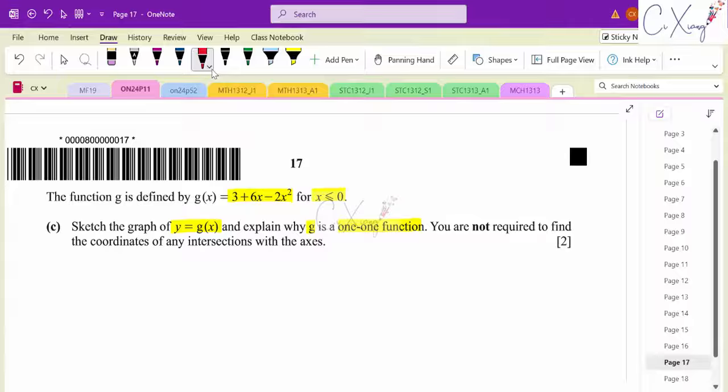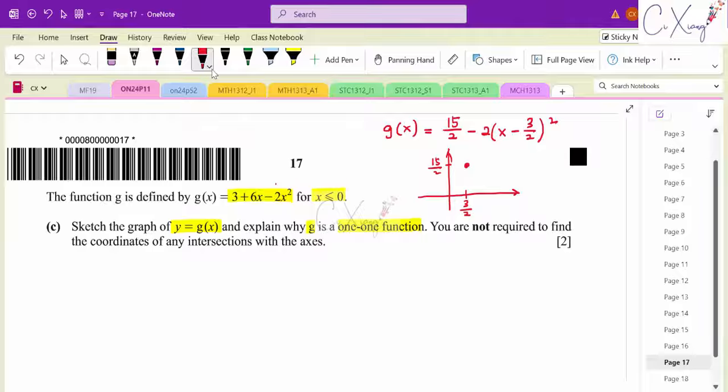Alright, so first of all, I want to sketch g(x). The expression is the same as f(x). When we found the completed square just now, this is what I get: 15/2 minus 2 times (x minus 3/2) squared. This graph has a maximum point at (3/2, 15/2), and my graph is an N shape.